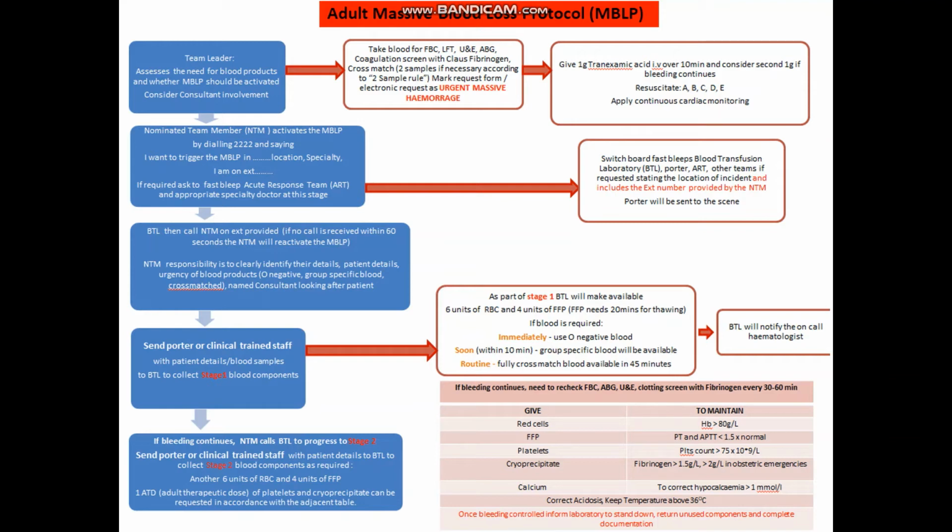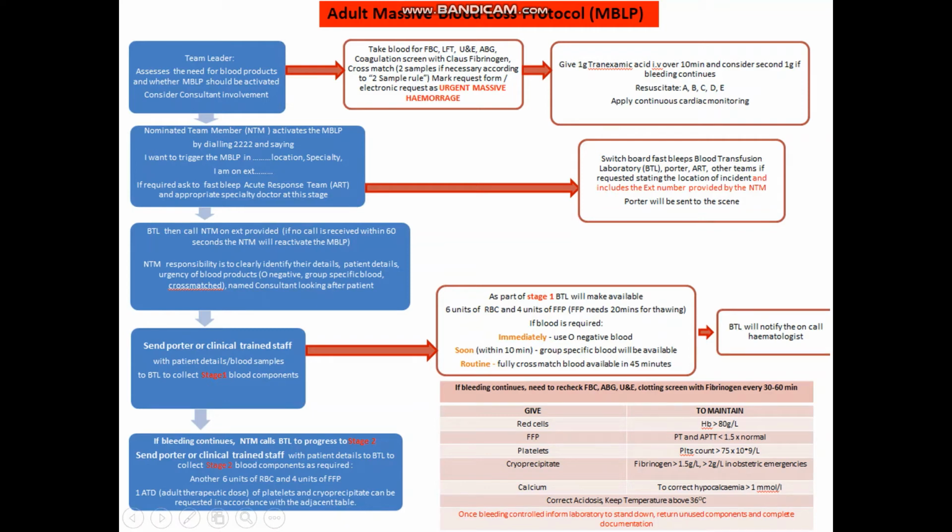They should have someone taking blood for the full blood count, LFTs, U&Es, the blood group, coagulation screen, cross-match, etc., and to mark it as urgent, and also to ensure that they are properly dealing with the patient, so giving tranexamic acid, resuscitating correctly, and continuously monitoring cardiac.